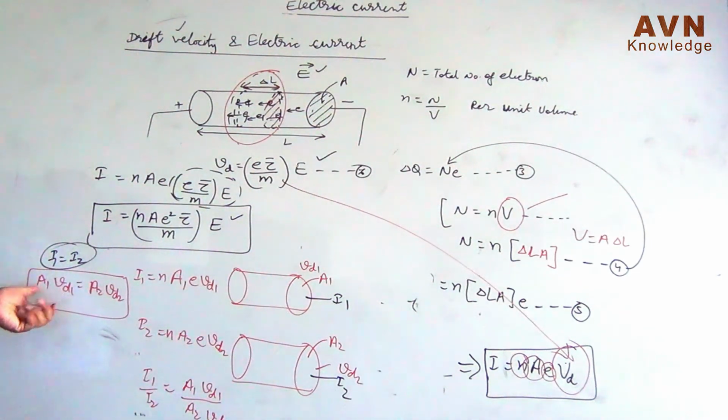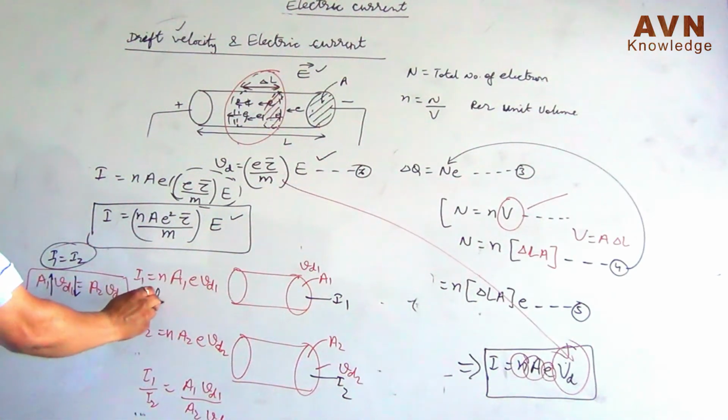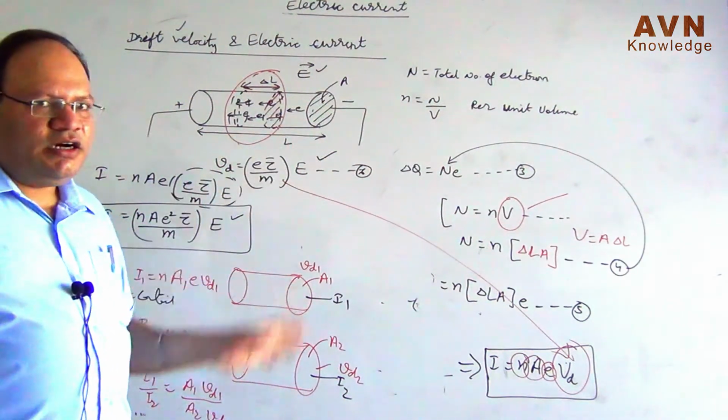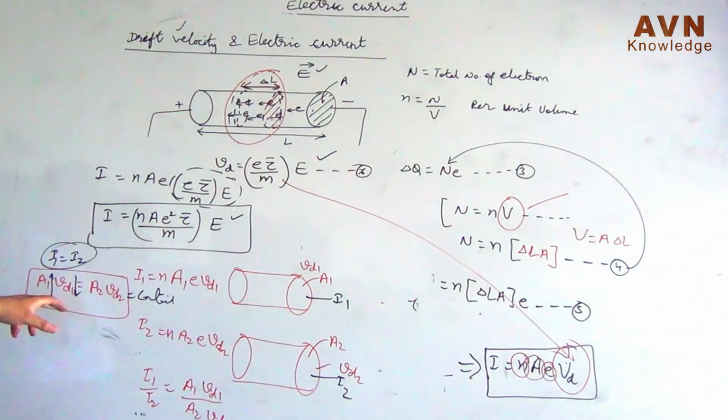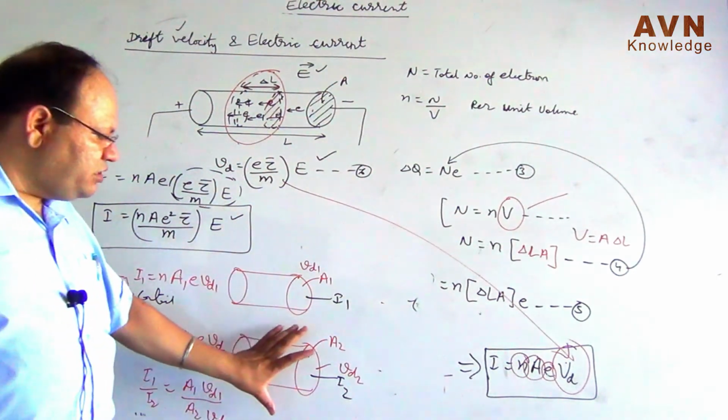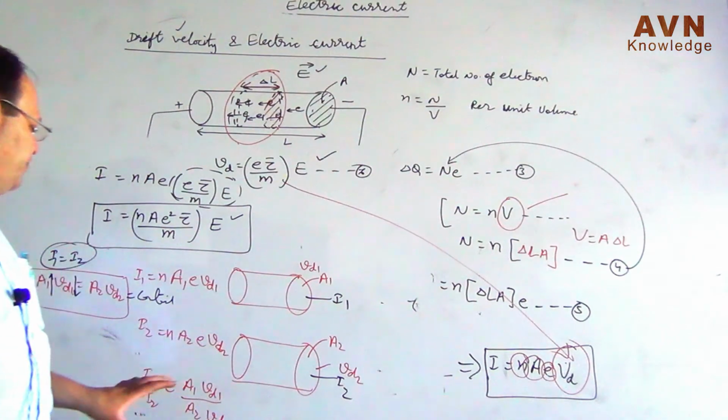The conclusion is that when you increase the cross section area, the drift velocity decreases, because this product will be constant if the current is same. So when the current is same in the conductors and the cross section area increases, the drift velocity decreases.